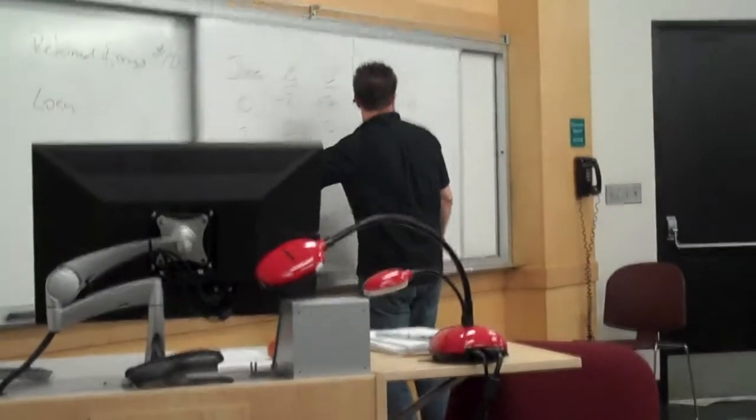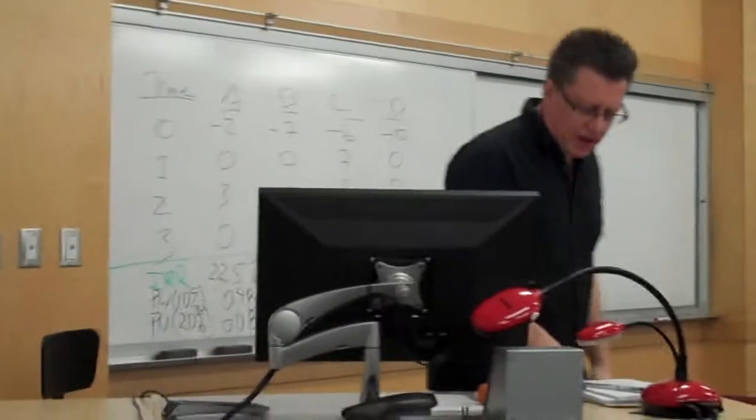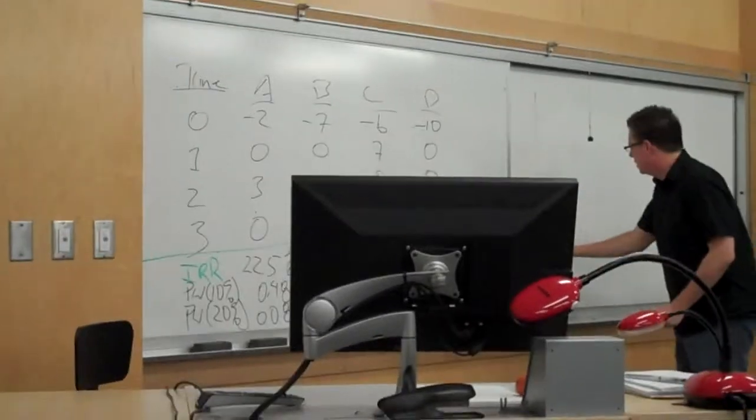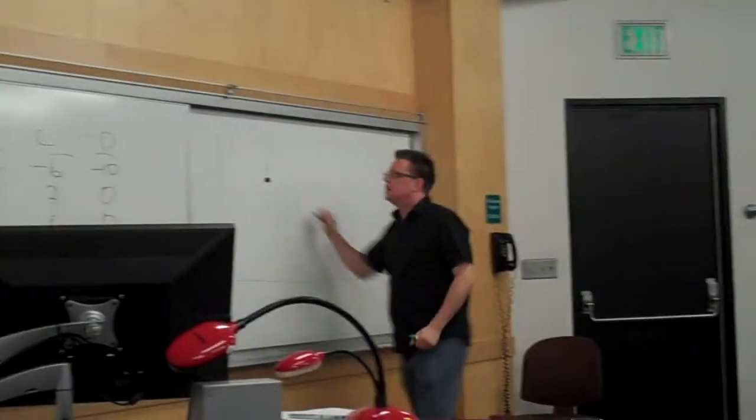I've got an idea. How about if I go ahead and draw a picture for you guys? See if this picture helps you out a little bit. So here's the camera again. By the way, it's still on. Now this picture should look a little bit like what you had in the videos.